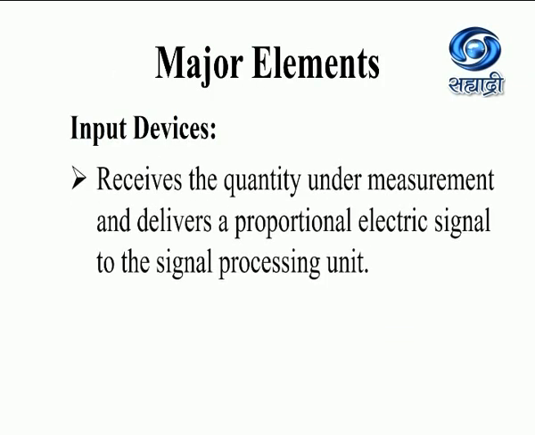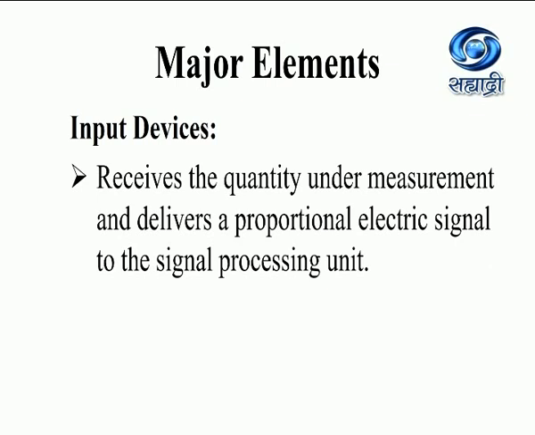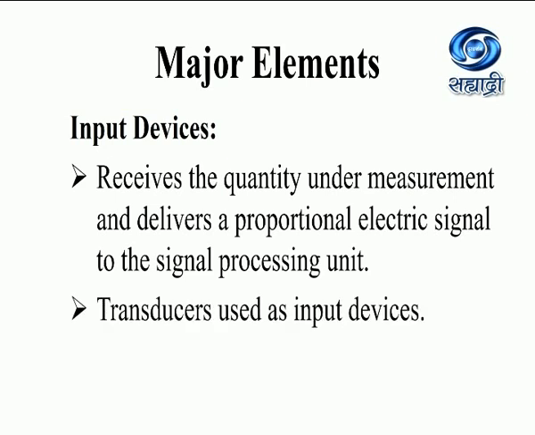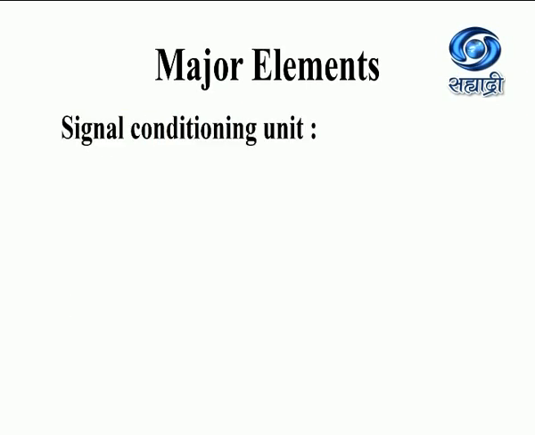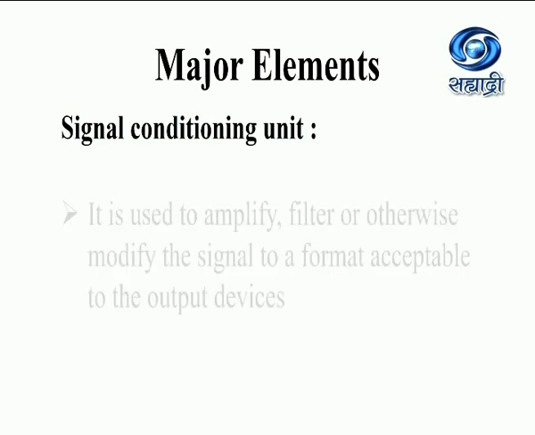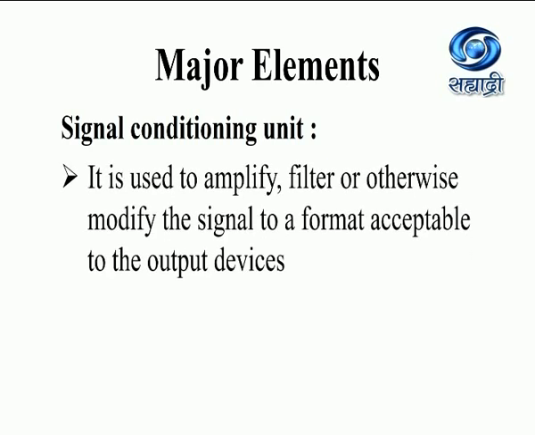Input devices receive the quantity under measurement and deliver a proportional electric signal to the signal processing unit. So basically the transducer is used as an input device. Then the signal conditioning unit is used to amplify, filter, or otherwise modify the signal to a format acceptable to the output devices.